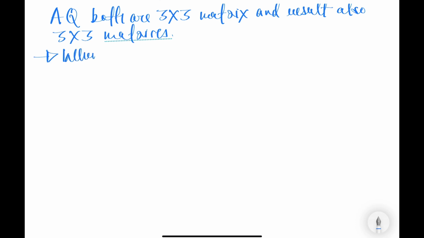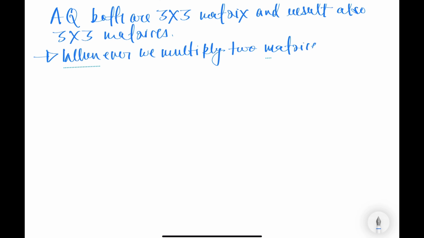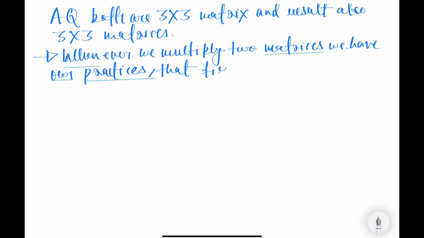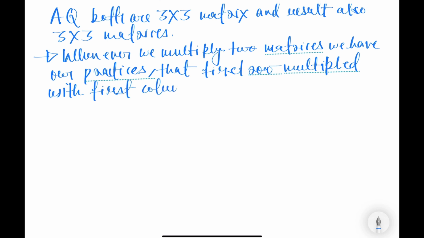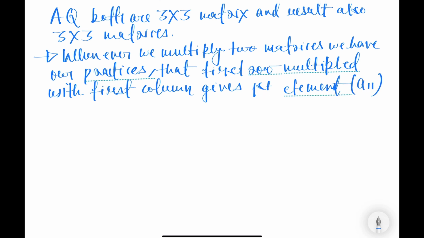Whenever we multiply two matrices, we have our practice that first row multiplied with first column gives the first element, which is A11.